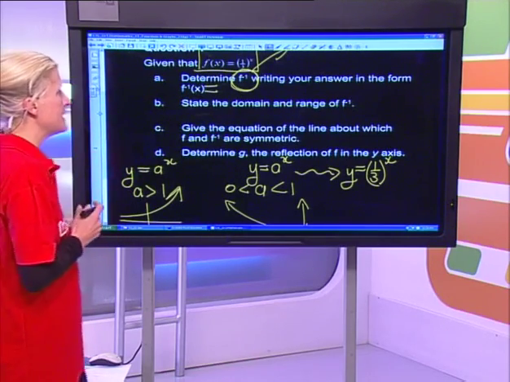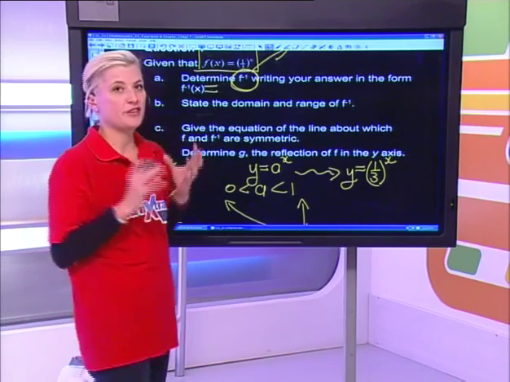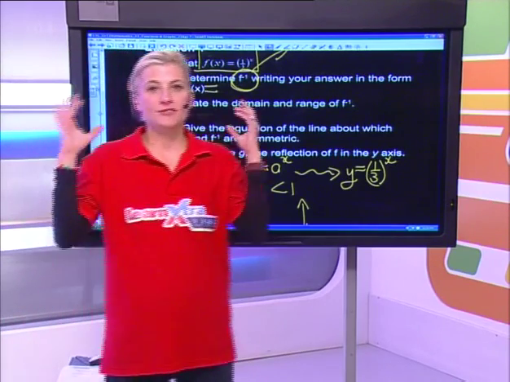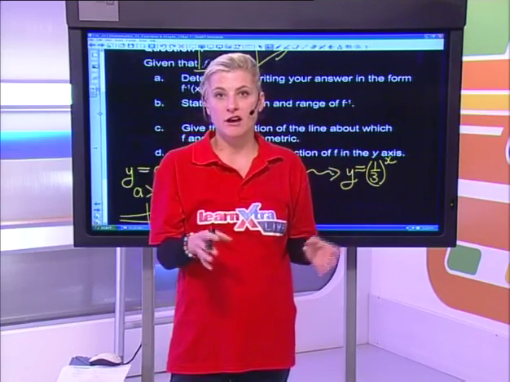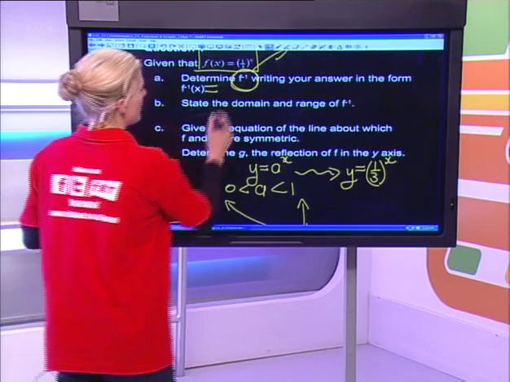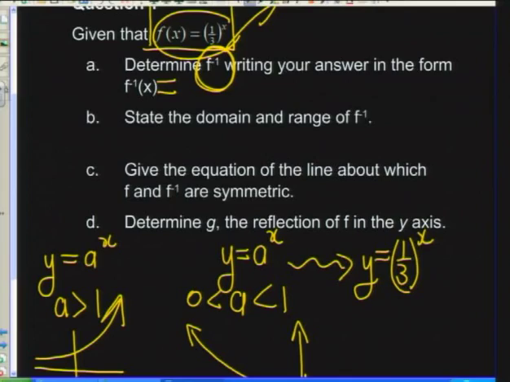The first question I'm asked is to give the inverse. Now, I've started with an exponential graph. Its inverse will be a log graph. Fine. So if my exponential graph is a third to the power x, then its inverse is going to be, and we'll write it over here, y is equal to log to the base a third of x.